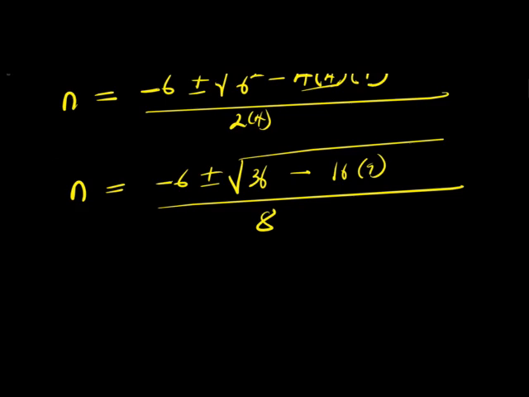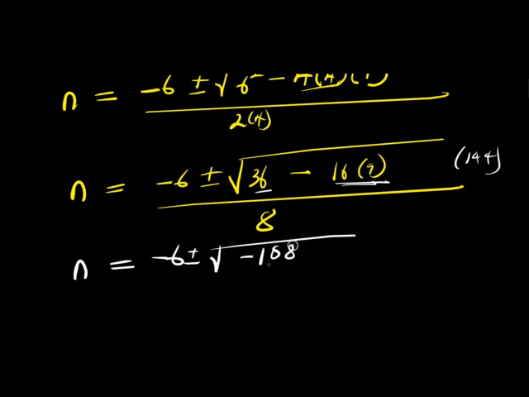So from here, we have n equals negative 6 plus or minus the square root of 36 minus 16 times 9, which will give us 144. So we have 36 minus 144, we have negative 108, divided by 8.